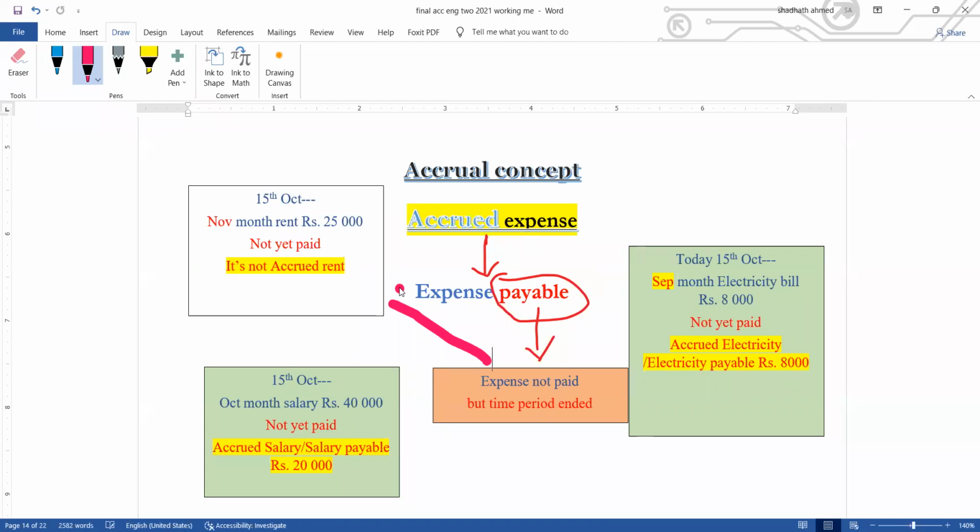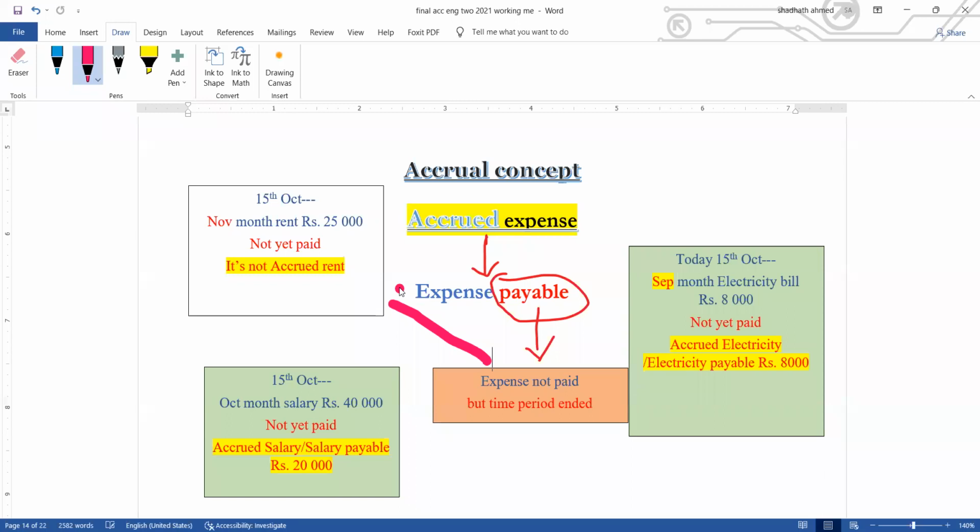Excuse me, sir. Yes, tell me. Sir, in the second example, is the salary payable 8,000 or 12,000? Which one are you telling? Electricity. September electricity month is 8,000.